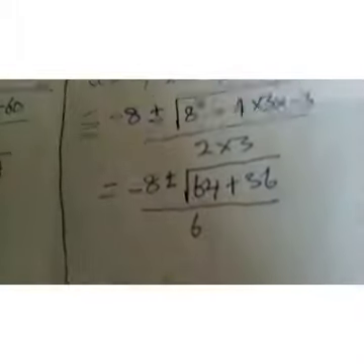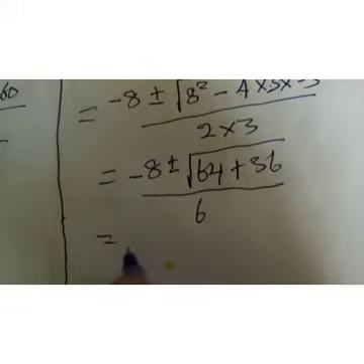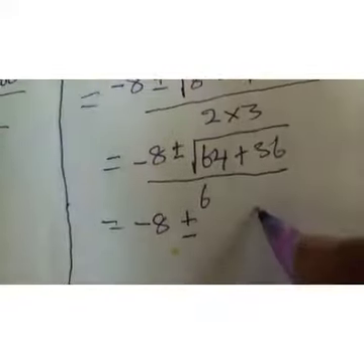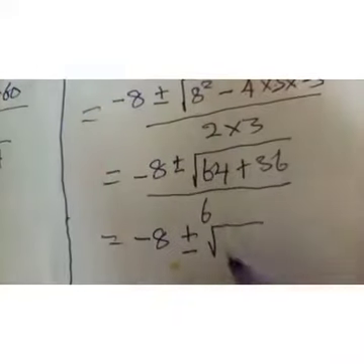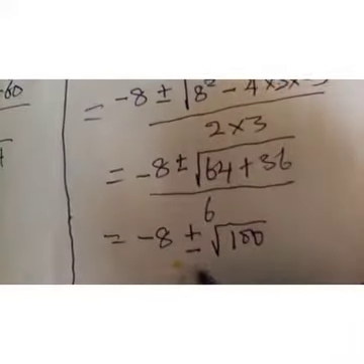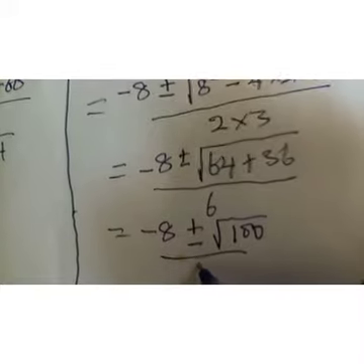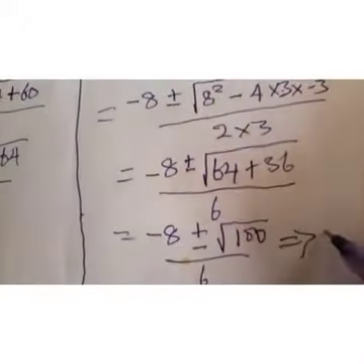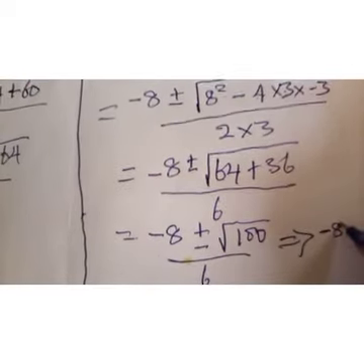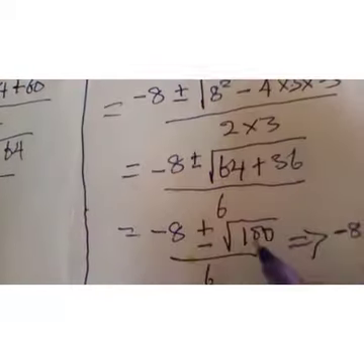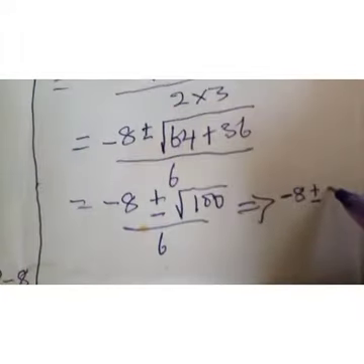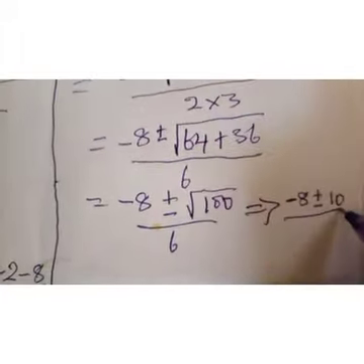Am I making sense? So here now it will be equal to negative 8 plus or minus square root of, when you add this, it gives you 100 all over 6. So here now it will be negative 8 plus or minus square root of 100 is 10 all over 6.